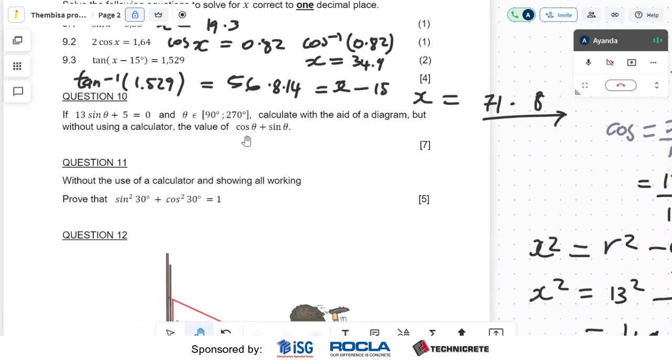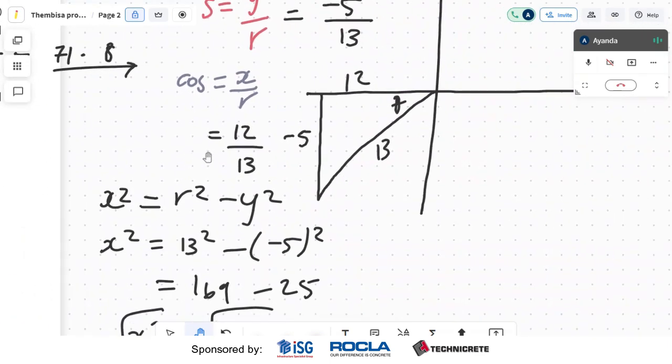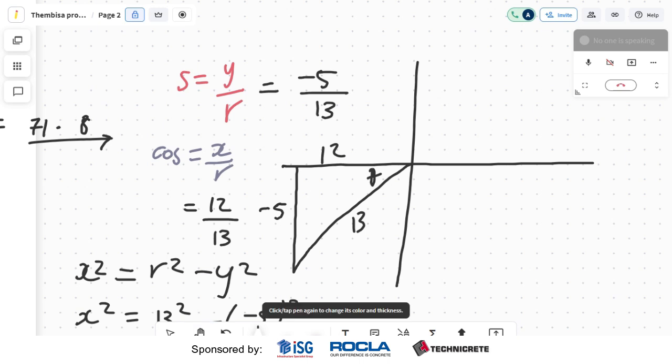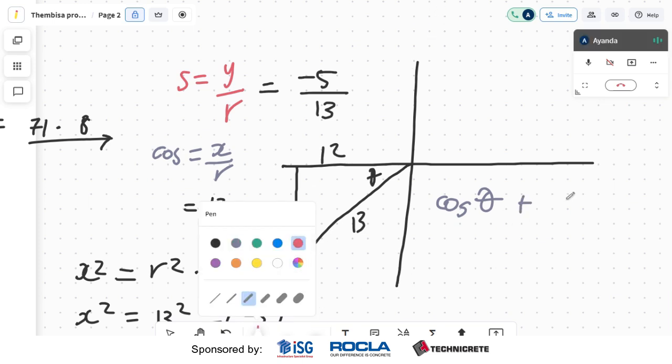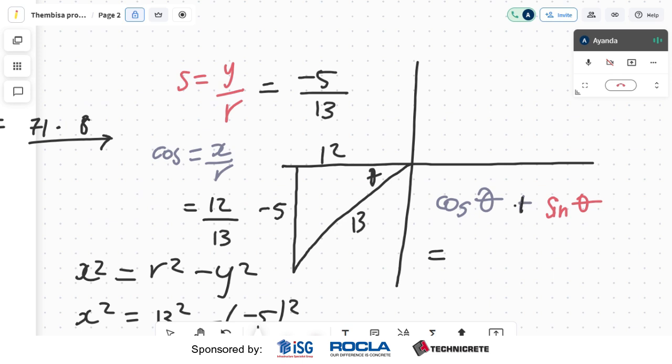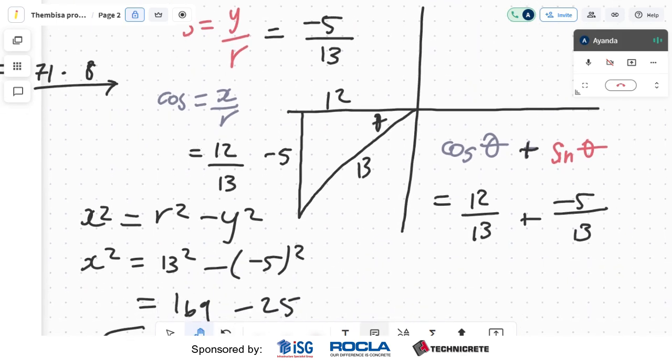Now let's go back to the question. They asked us to calculate the value of cos theta plus sine theta. So cos theta plus sine theta is equal to 12 over 13 plus negative 5 over 13. 12 minus 5 is, oh, very important thing we forgot about.